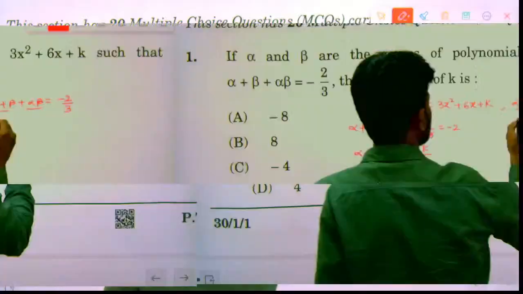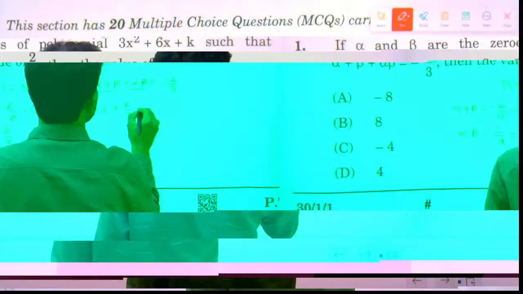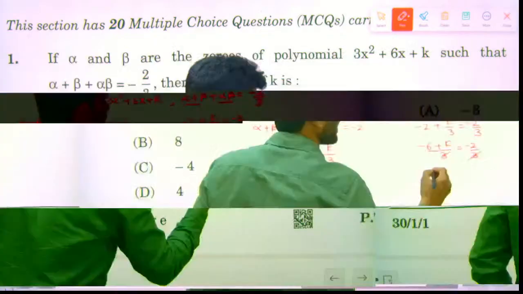Now if you substitute these two here, minus 2 plus k by 3 is equal to minus 2 by 3. If you take LCM here, minus 6 plus k by 3 is equal to minus 2 by 3. What happens? 3 will be cancelled.